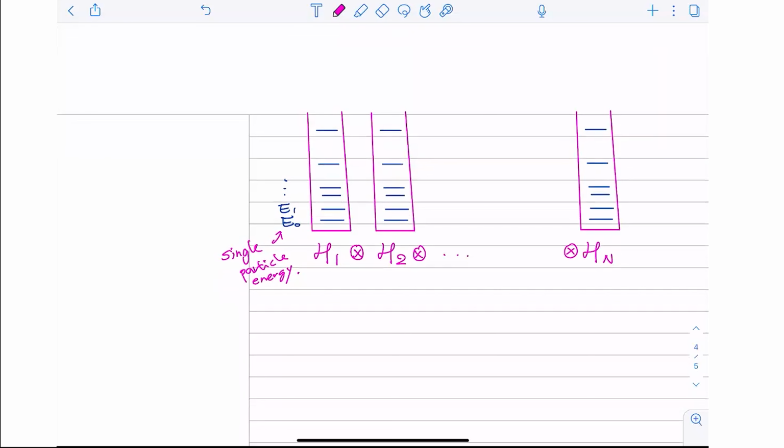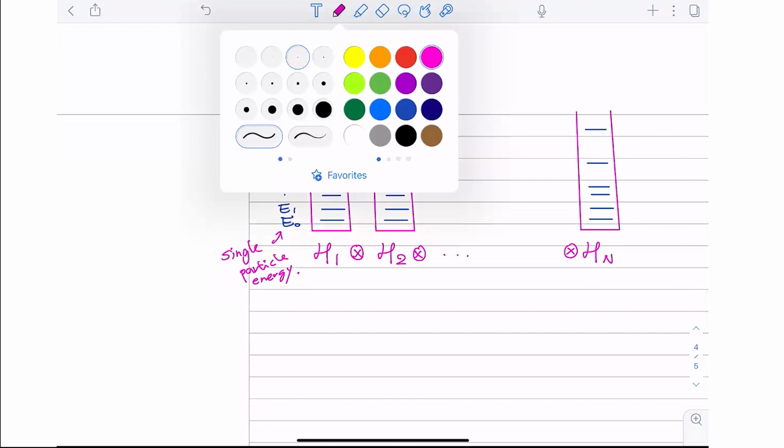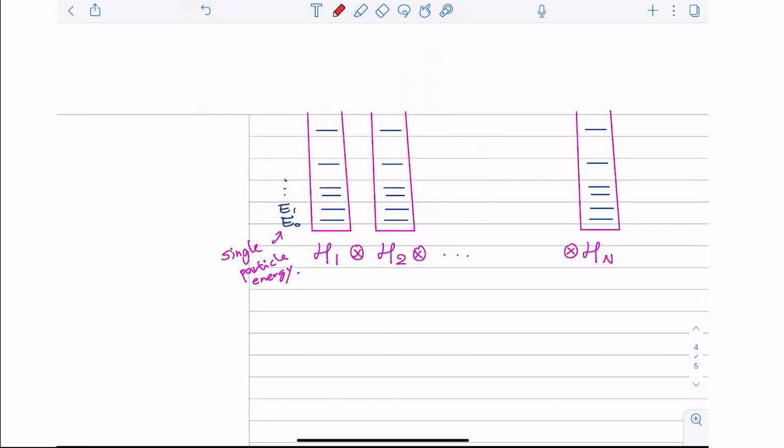So for example, if the first particle is occupied by this state, then we need to include this particular energy into our summation. And if it is for the second one, it might occupy a different pattern and things like that.